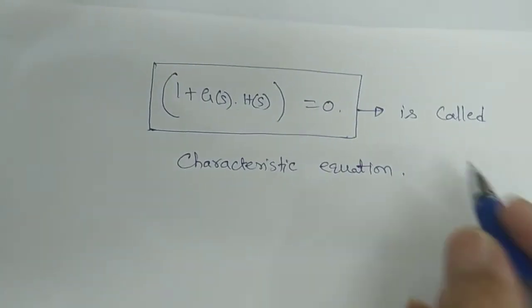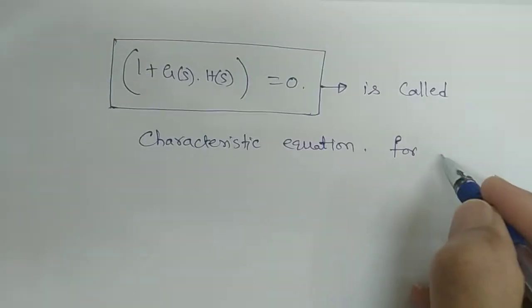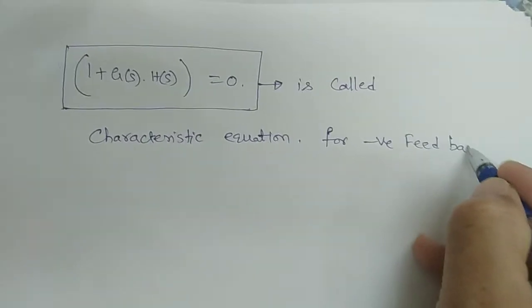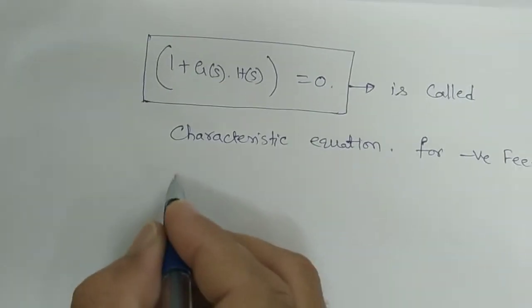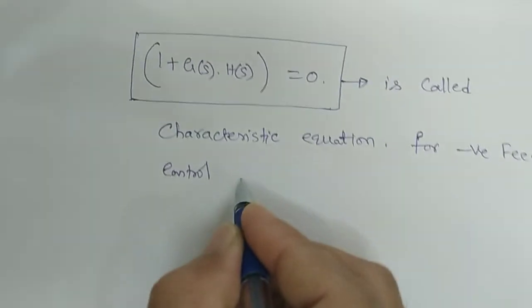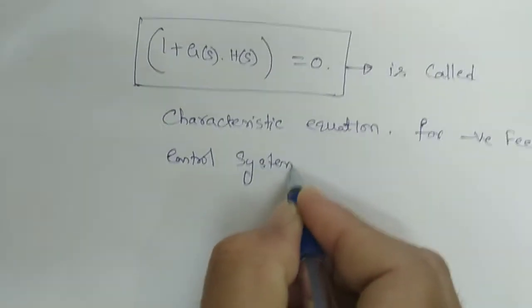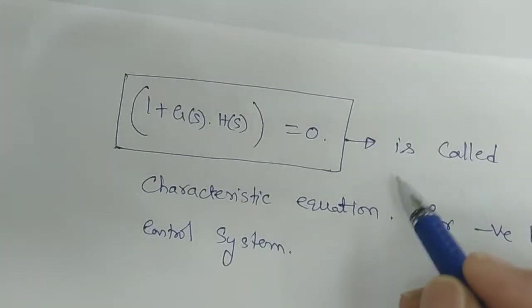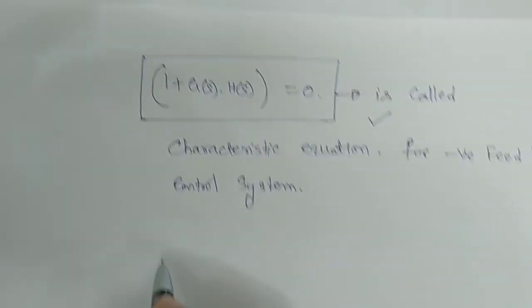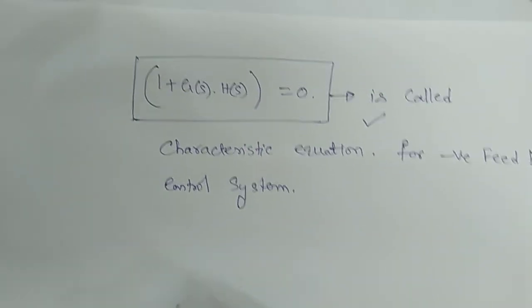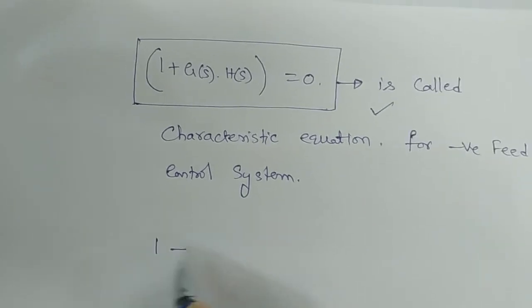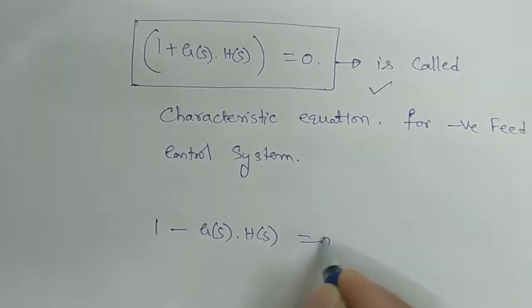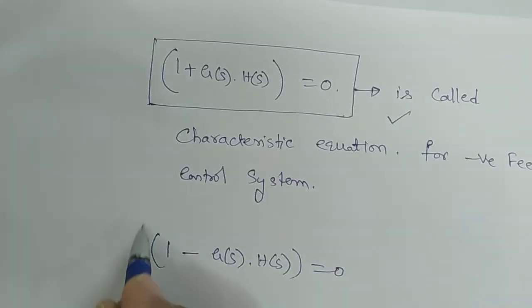This is the characteristic equation for the negative feedback control system; you must remember this. Whereas for the positive feedback control system, it is just 1 minus G of S into H of S equal to 0. That's all.